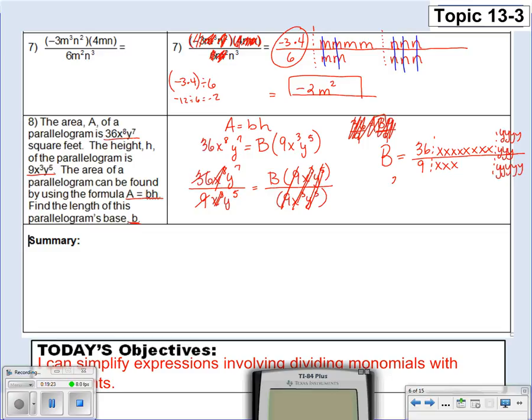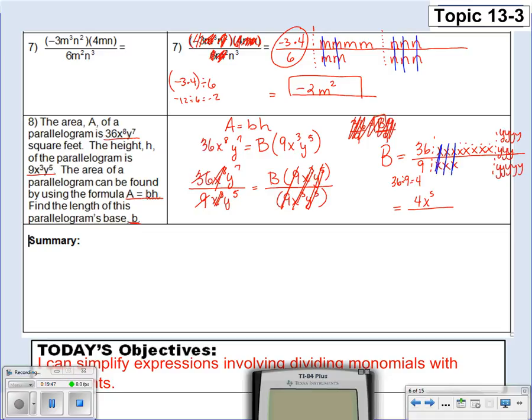So let's start with the number. We have 36 divided by 9. 36 divided by 9 is 4. It's a whole number, so it goes on top. Cross out my x's. I was still able to line those up pretty well. I am left with 1, 2, 3, 4, 5 x's on top, so it's x to the 5th power. Now let's look at the y's.